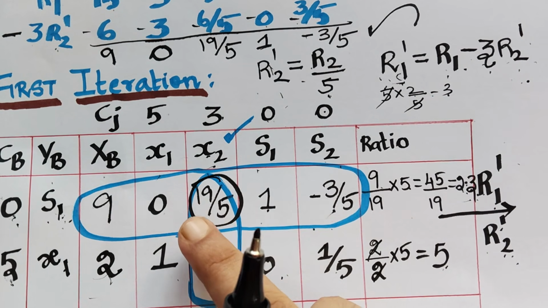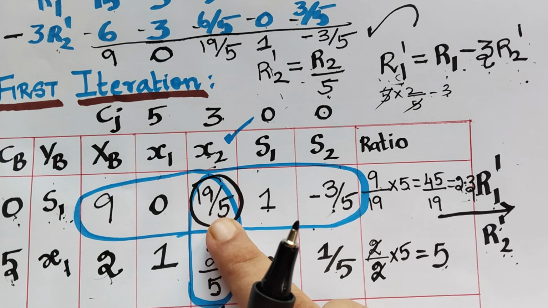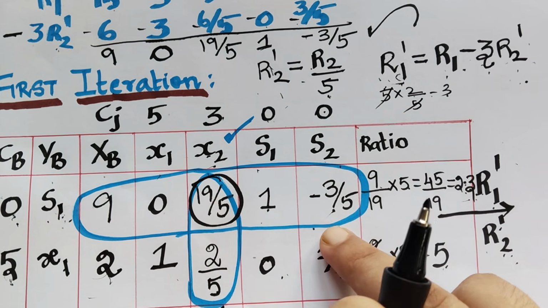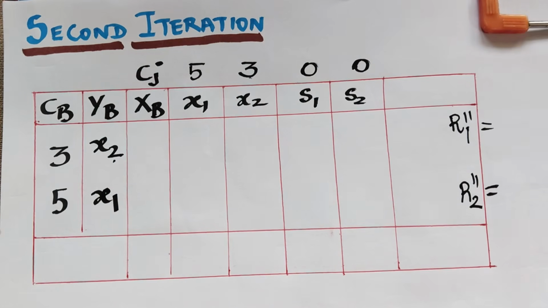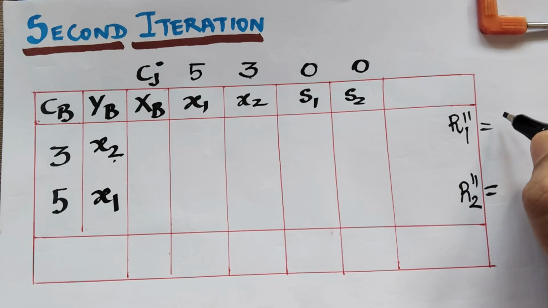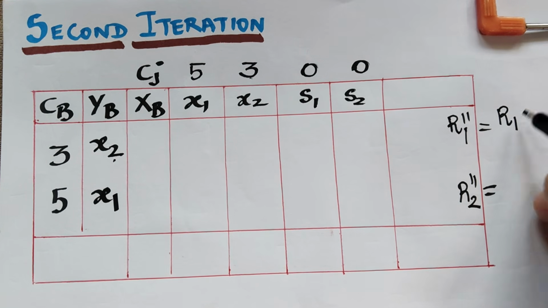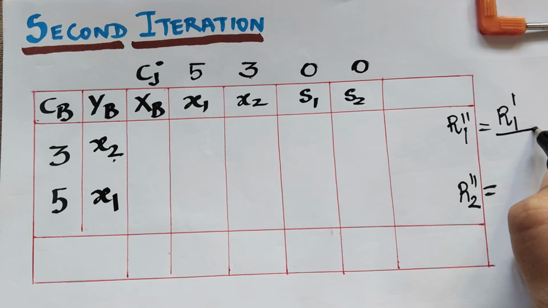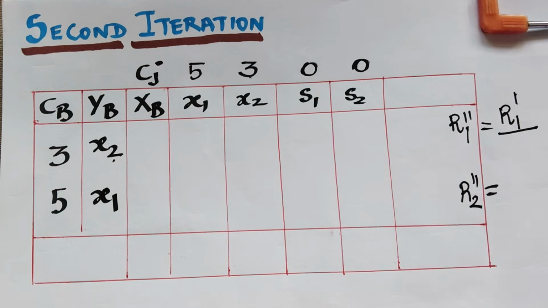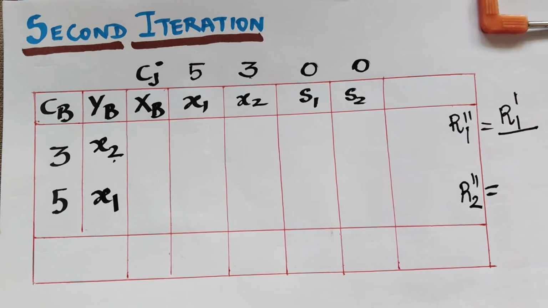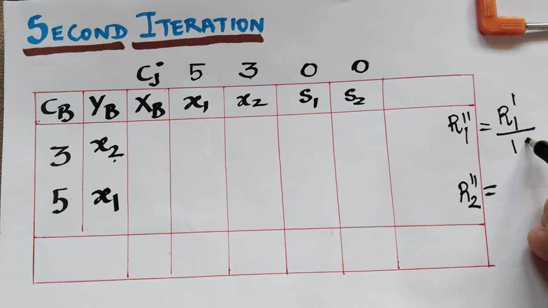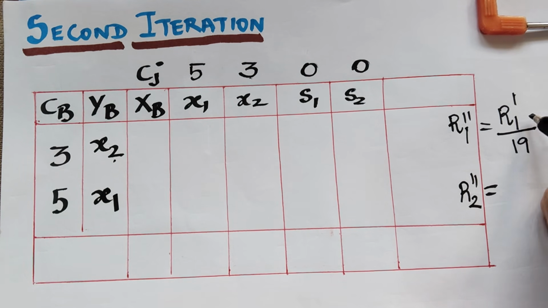Now here the pivotal element is 19 by 5. The old pivotal equation is R1 dash. So the new pivotal equation will be equal to the old pivotal equation R1 dash divided by the pivotal element, which is 19 by 5. So divided by 19, and then that by 5 can be written as multiplication.